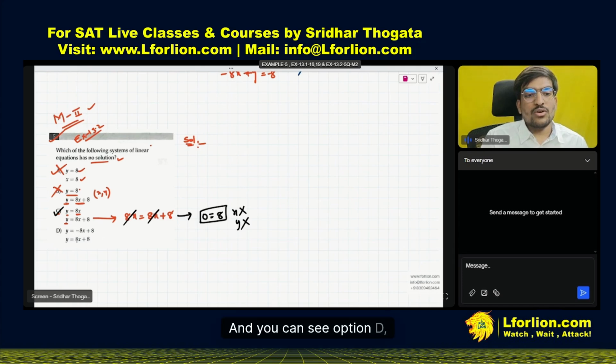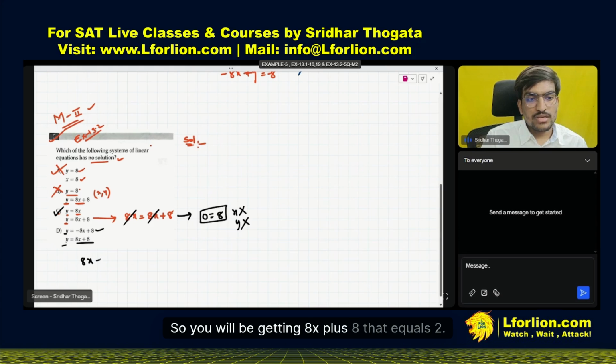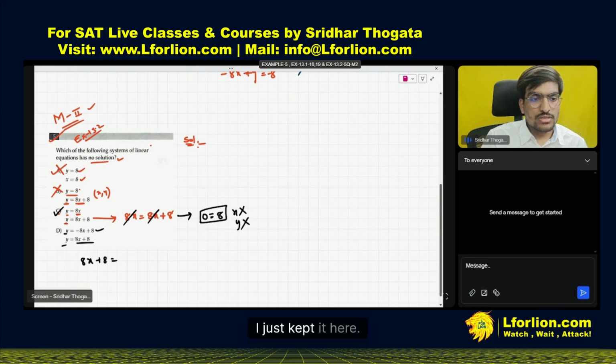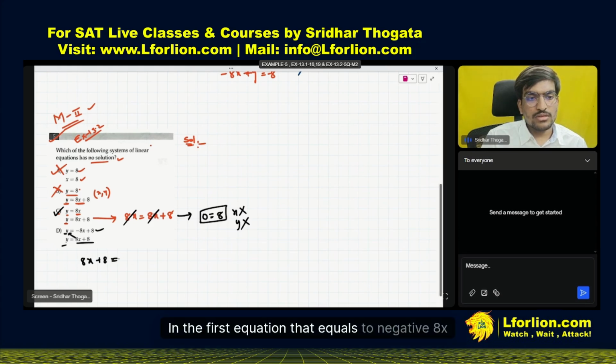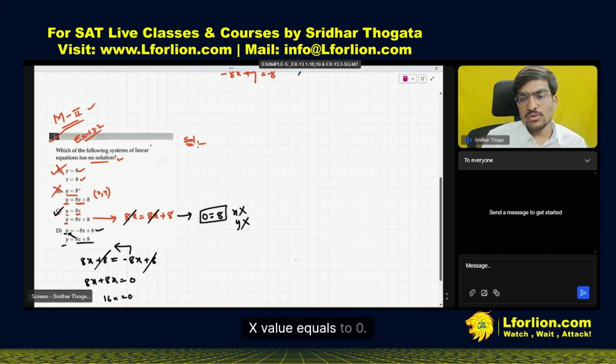And you can see option D, two y values are given. Just directly substitute this y value into the first or the second. So you will be getting 8x plus 8 equals, I just kept it here in the first equation, negative 8x plus 8, positive 8 cancels off, and 8x transposed to the LHS, it's going to be positive 8x, 16x equals 0, x value equals 0.